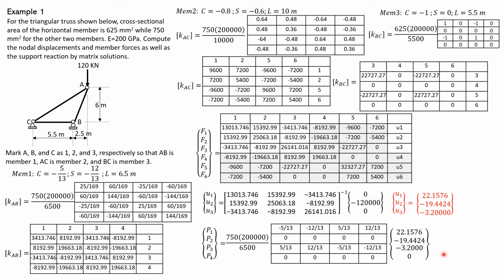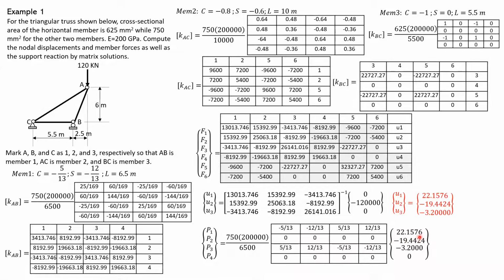So, but we have u3. There will be no friction forces because only the load is acting. So, in other words, for this coefficient, negative 5 over 13 times 22.1576, you distribute this row 1 to this column.